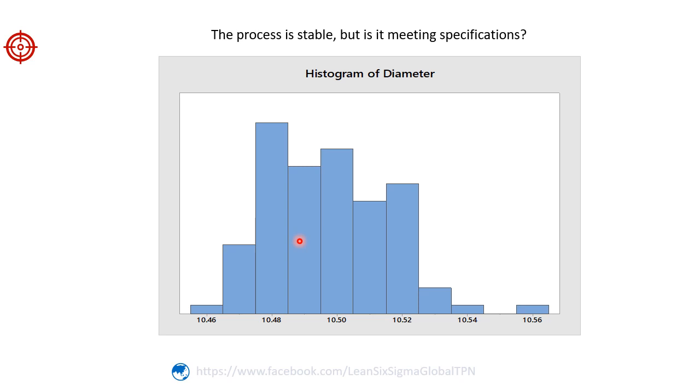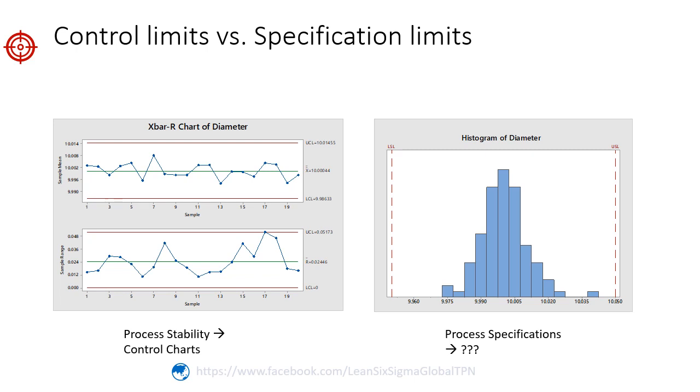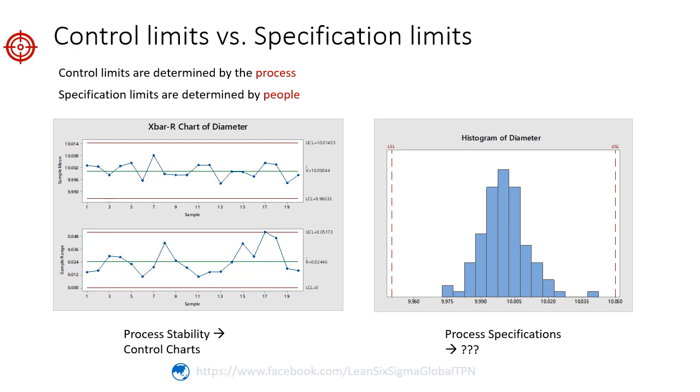Notice that the mean is much greater than 10, and the process consistently produces parts off the target of 10 inches. So this process is stable, but all diameters are off the 10-inch target. So that's a difference between control limits and specification limits. Control limits are determined by the process, and specification limits are determined by the people.